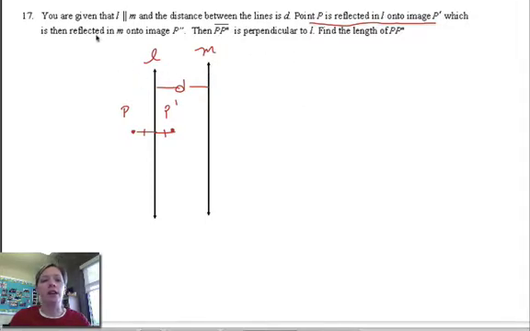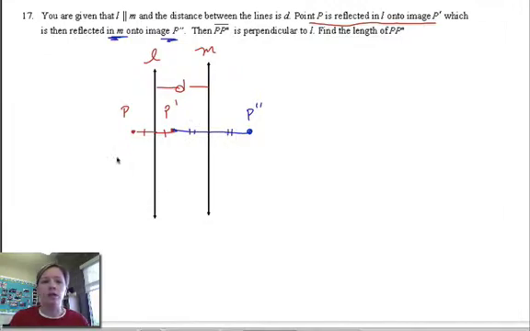Then we're going to reflect that image, P prime, across line M, and that's going to create P double prime. So let's look at how far P prime is away from M. And we want to go that distance away, and now we're going to create P double prime, where this little piece is congruent to this little piece.